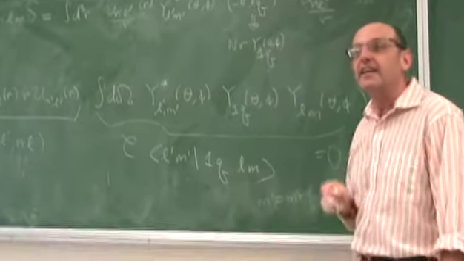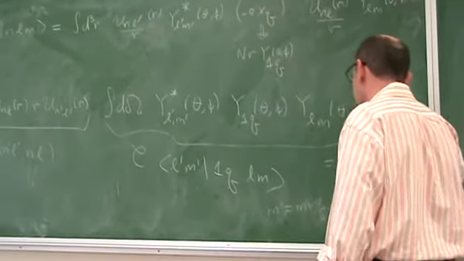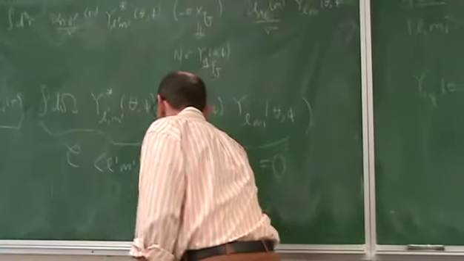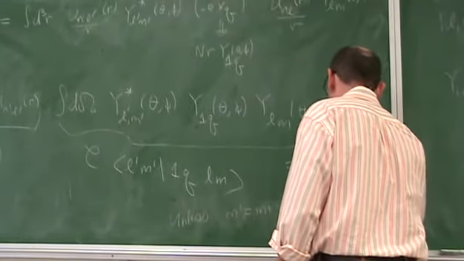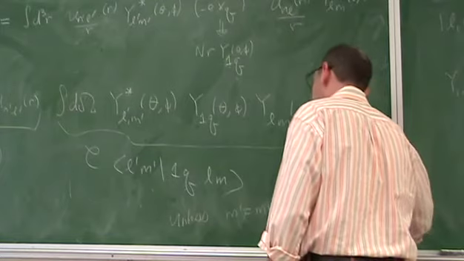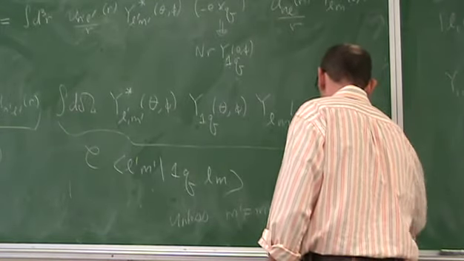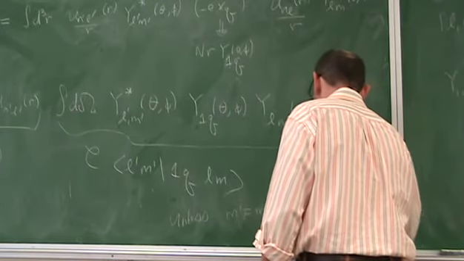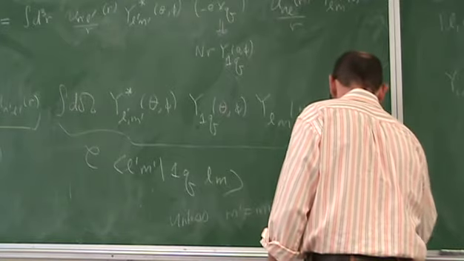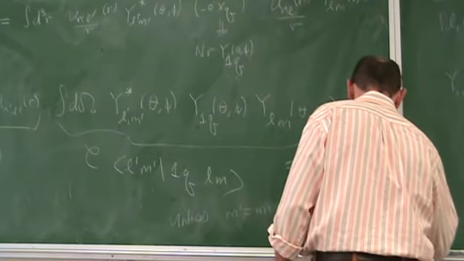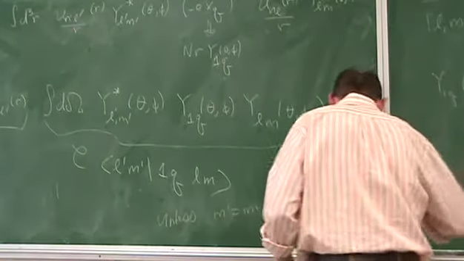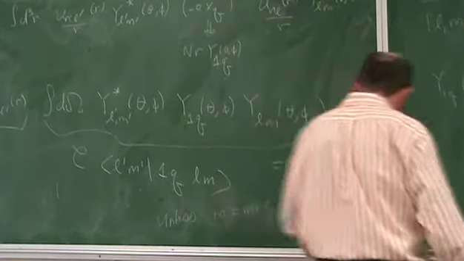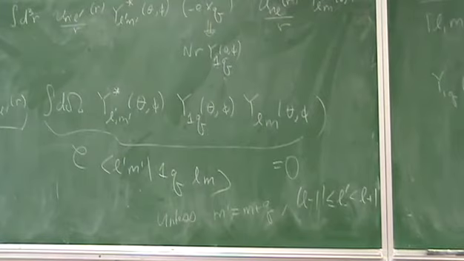But we also see that this is zero unless L prime is between L minus 1 and L plus 1.